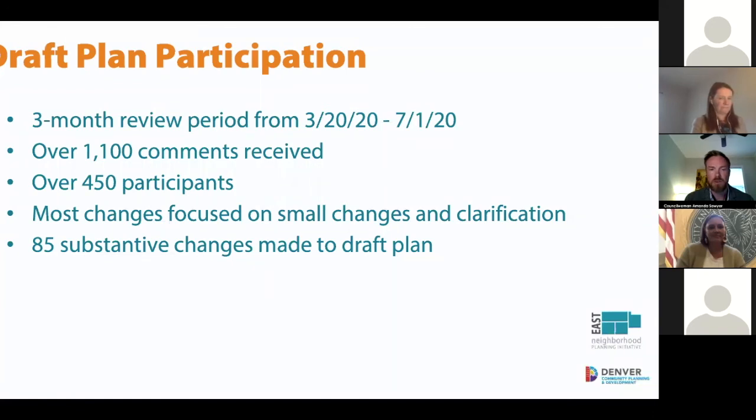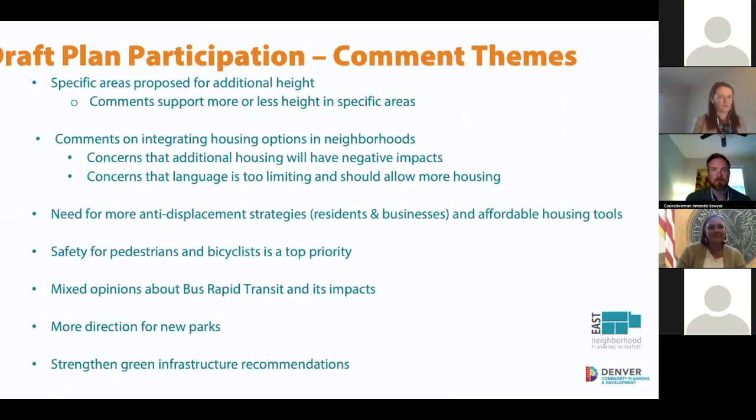Many of those comments focused on clarifications and small changes. We have made a significant number of what we would consider substantive changes to the plan. All of those are documented in the plan, and we'll be touching on some of those later in the presentation tonight. I think with that, I'm turning it back over to Liz to walk through some of those updates.